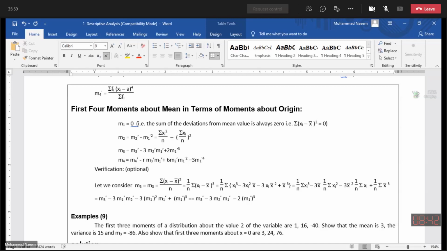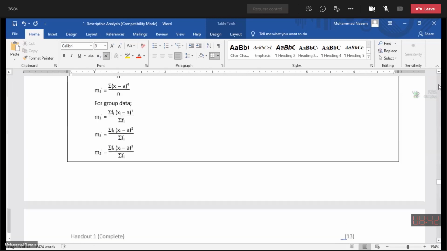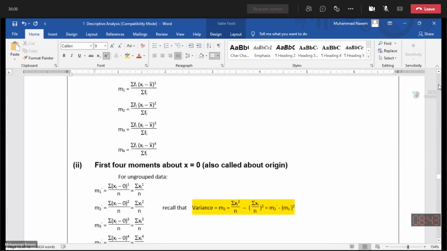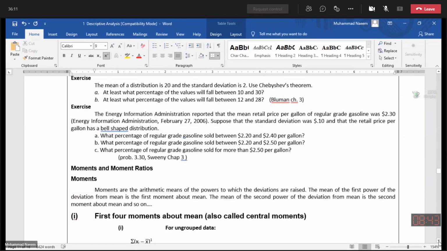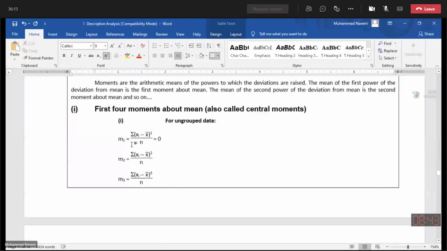But in the numerator, this sum is always 0. Look at the definition. We have this definition of the first moment about mean. Due to the numerator, it is 0. What we have in the numerator is the sum of the deviations from mean value.